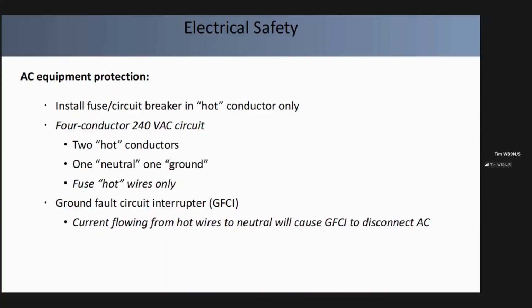There should be no current there. If that's detected, that current flowing from hot to neutral will cause the GFCI to disconnect the AC, and then you'll have to go push the little button on it to reset it.